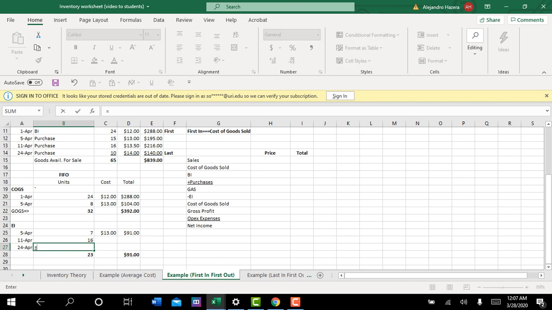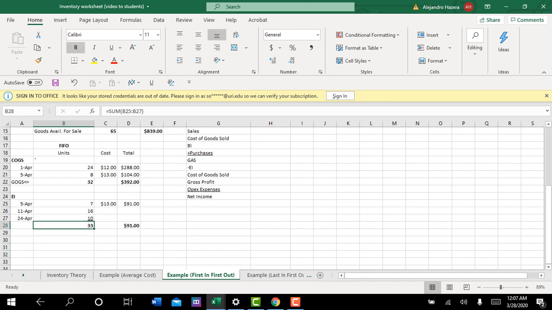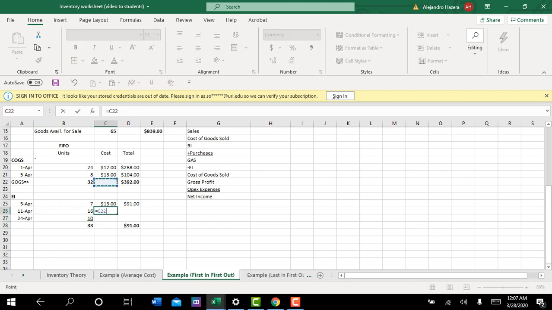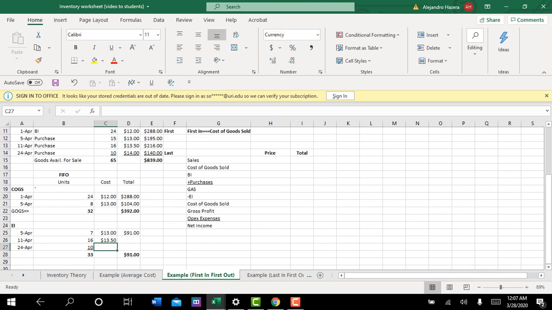Here is what we're going to have: those 16 units. The cost of those 16 units is $13.50, and the cost of those 10 units is $14. We're just going to go ahead and extend those out. This is your ending inventory right there, and I'll put an arrow there.